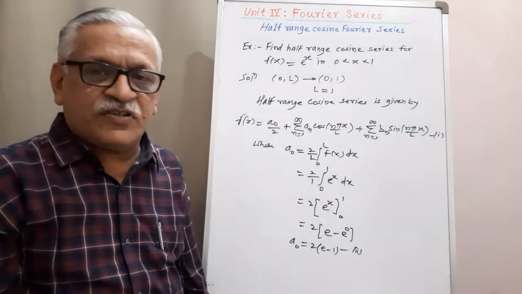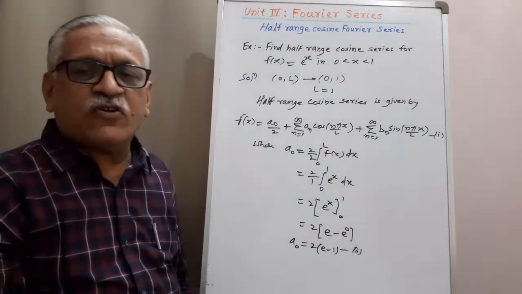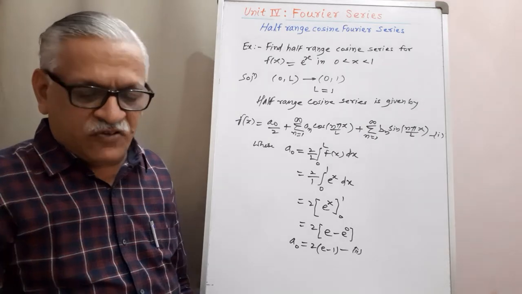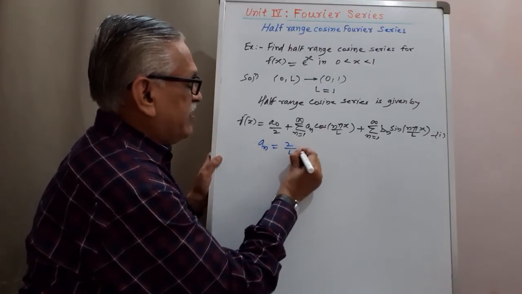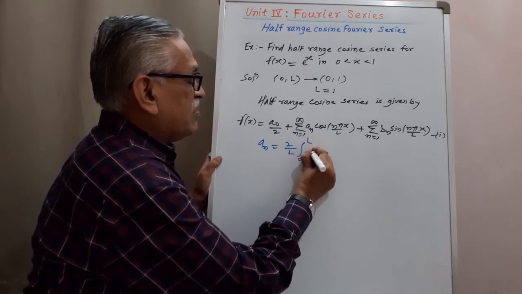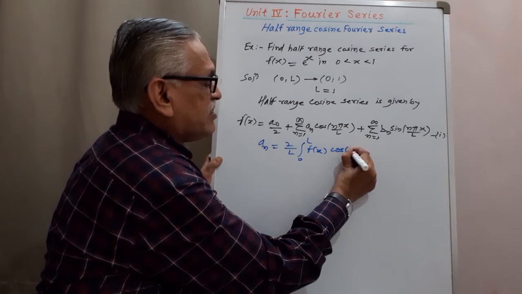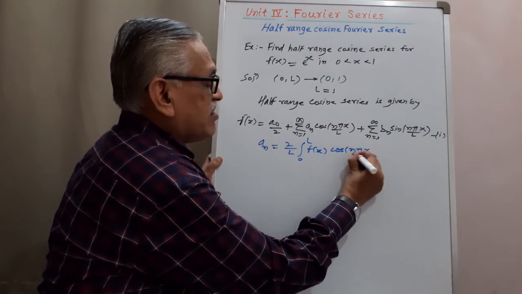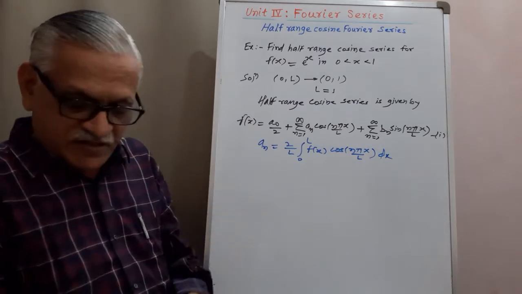This is the value of the first Fourier coefficient. Then we try to obtain an. an is given by 2 by L integration from 0 to L f of x into cos of n pi x by L, and its integration with respect to x.